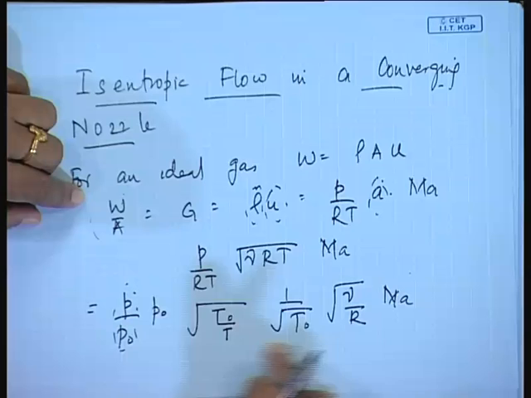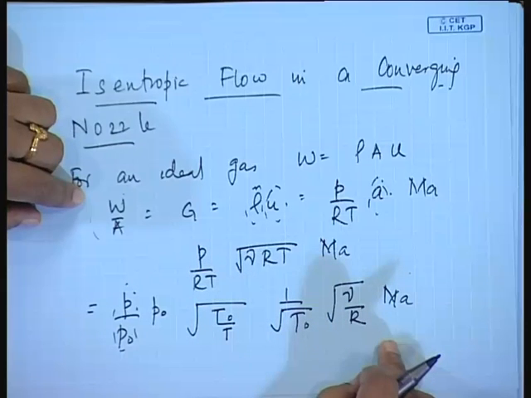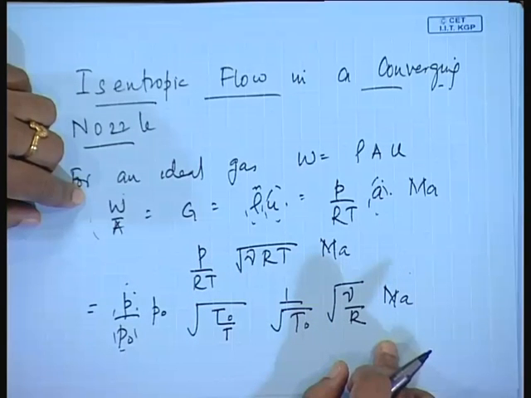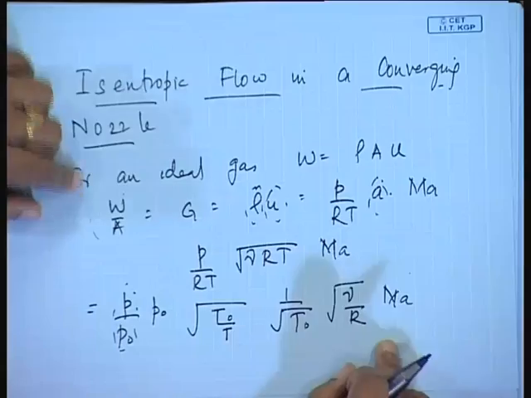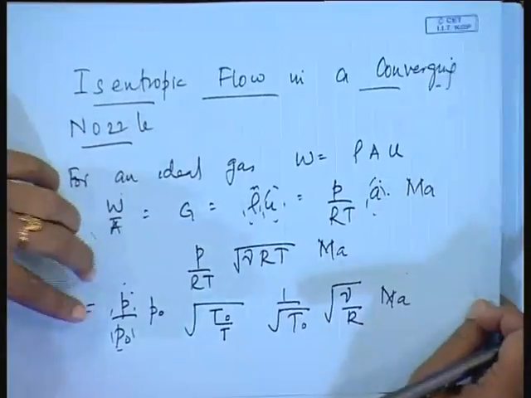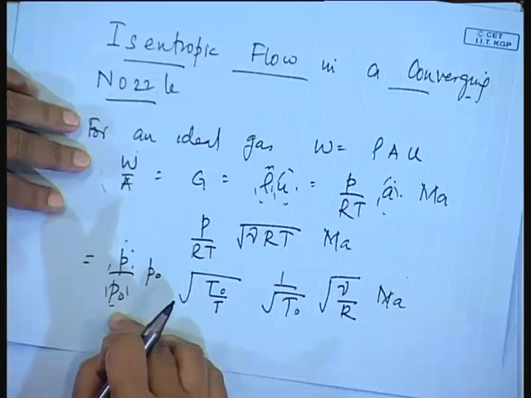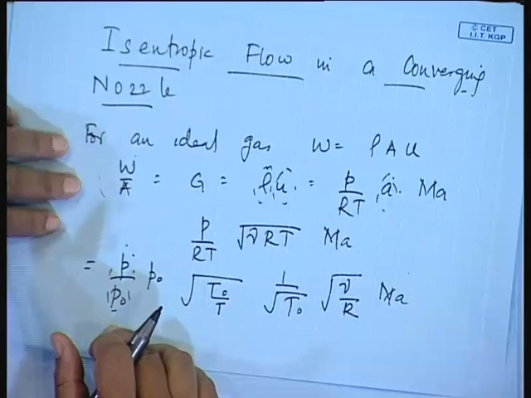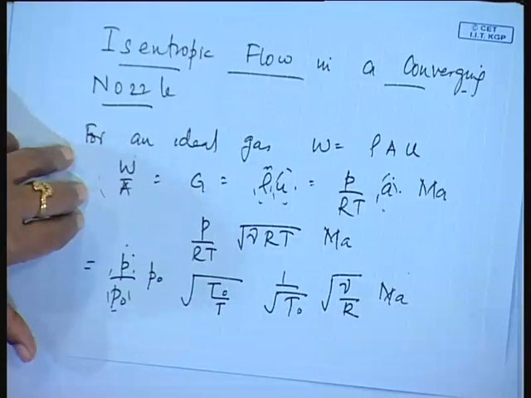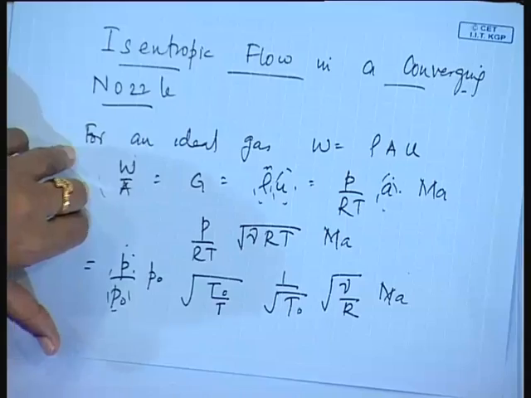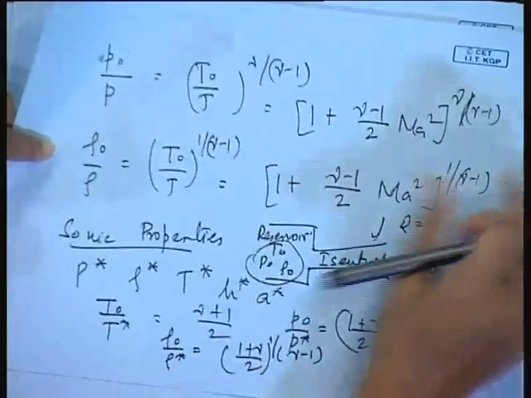Just for that, I would like to express this expression in terms of certain known input or certain measurable parameters, right. So, after this what I can do, I can just substitute P by P0 in terms of T0 by T. I think in the last class I had defined those particular terms.